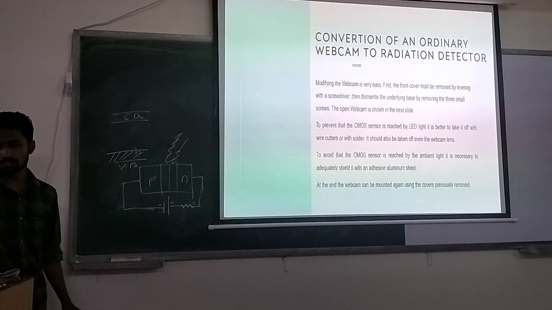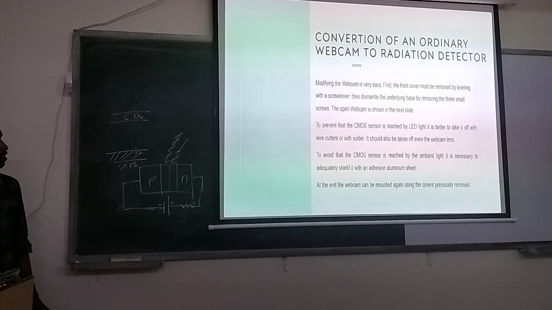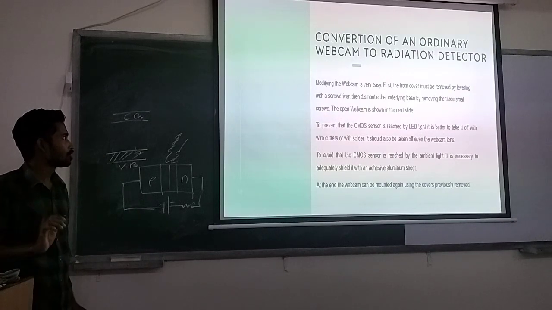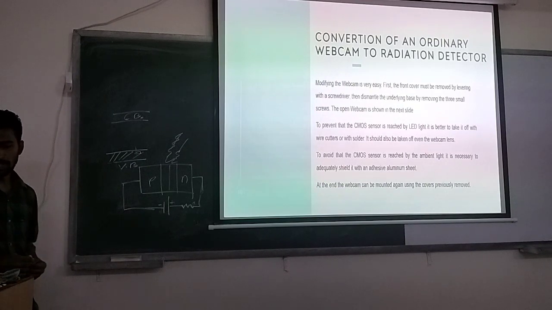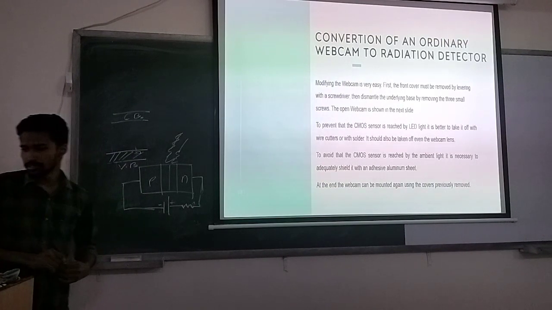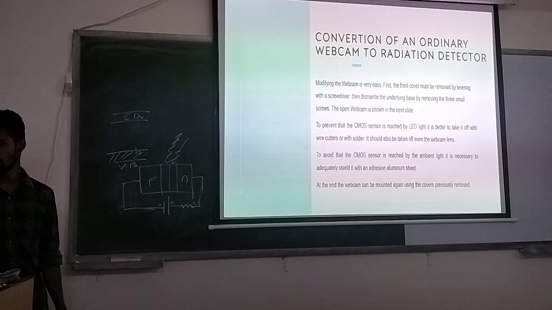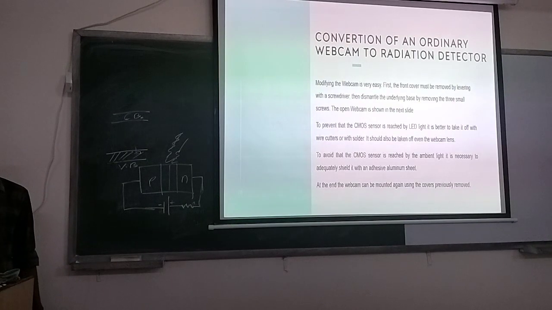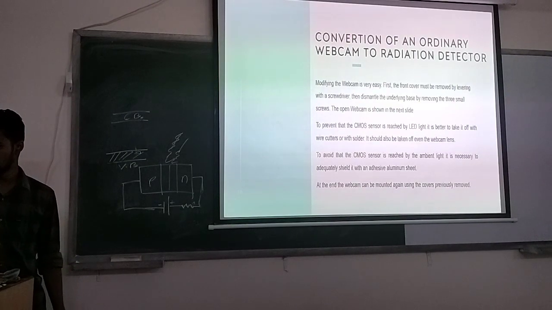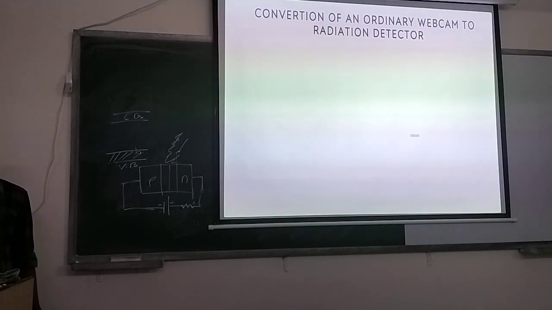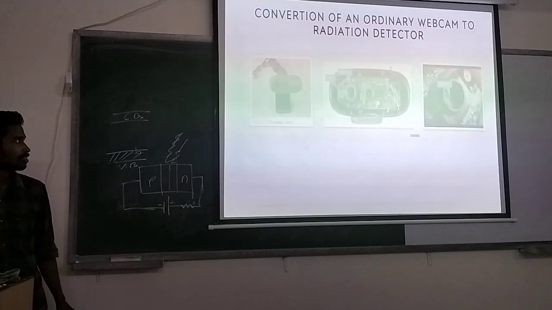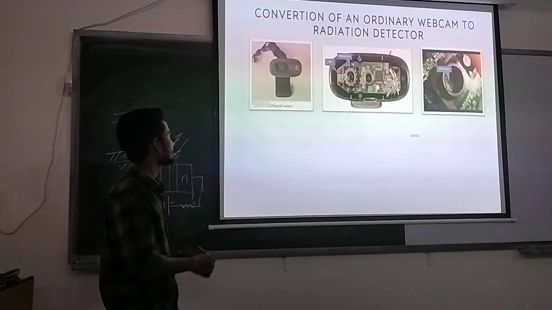Then the conversion of an ordinary webcam to a radiation detector. How do we convert an ordinary webcam to a radiation detector? The front cover must be removed using a screwdriver, and then dismantle the underlying base by removing the three small screws. So this is a normal webcam.